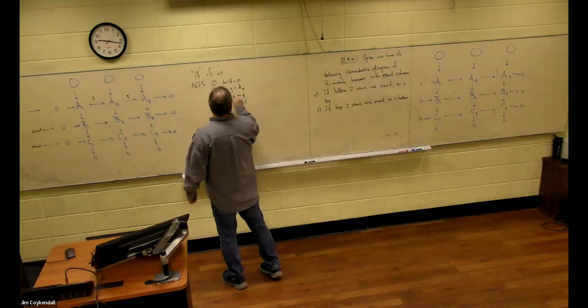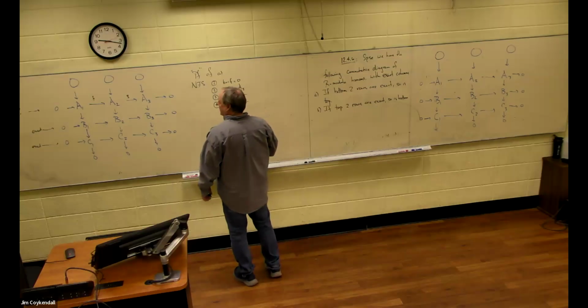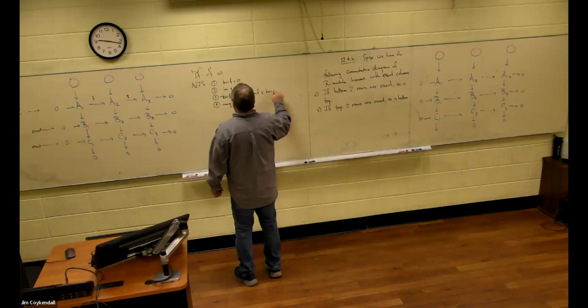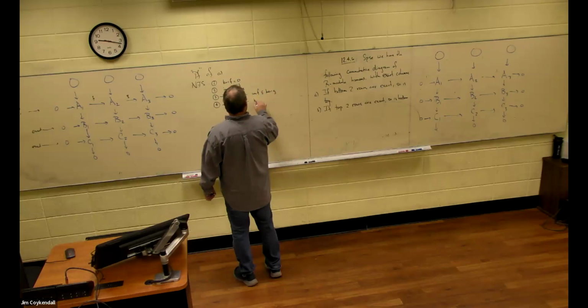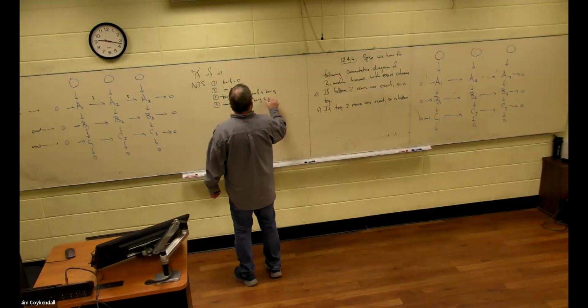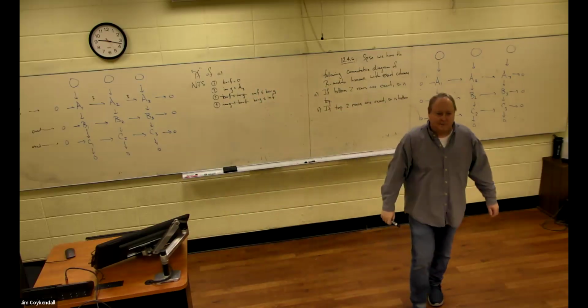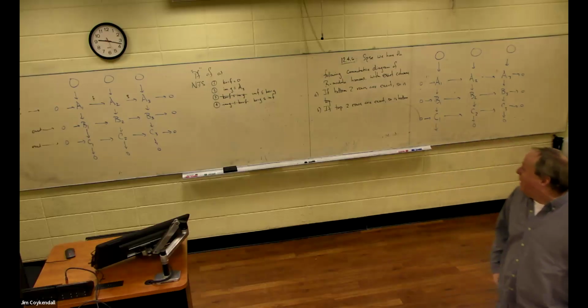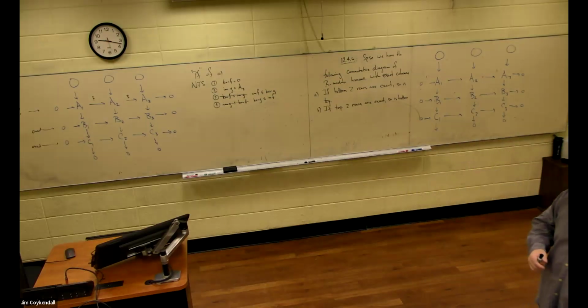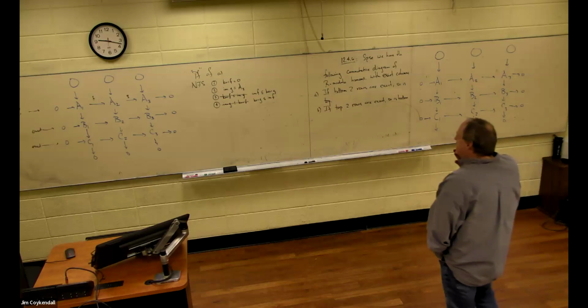Image of F is contained in the kernel of G, and kernel of G is contained in the image of F. There we go. Thank you. Right. Better. Those last two, of course, are exactness in the middle.